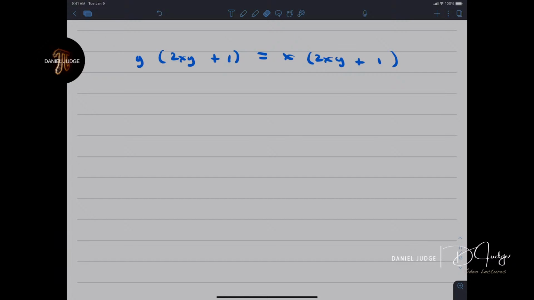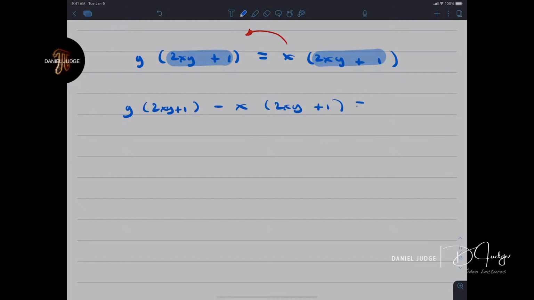So I notice we have a common term here, 2xy plus 1. So I'm going to subtract, or translate, to get (y)(2xy plus 1) minus x(2xy plus 1) equals 0.